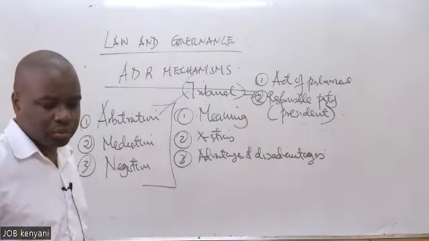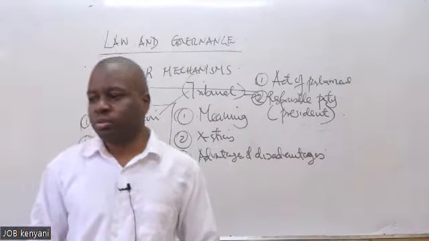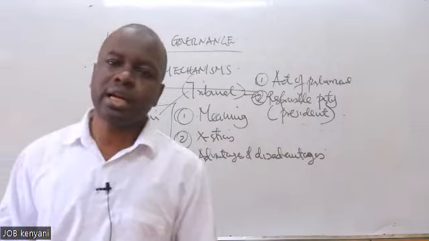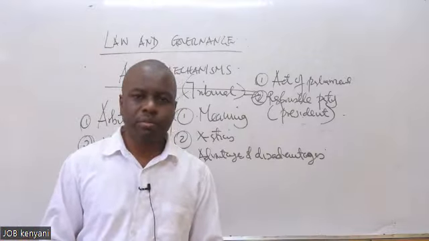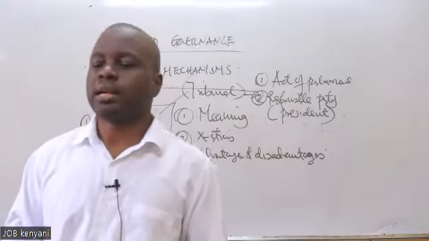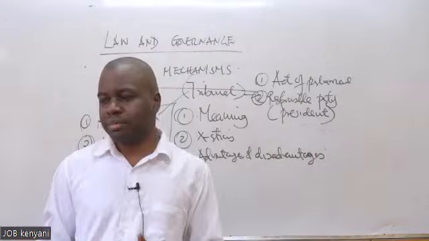Negotiation is the last one that we are going to look at in this lesson. It is simply where the two parties agree to negotiate, and maybe some of the parties cede part of their ground so that they can mutually agree to resolve a dispute.